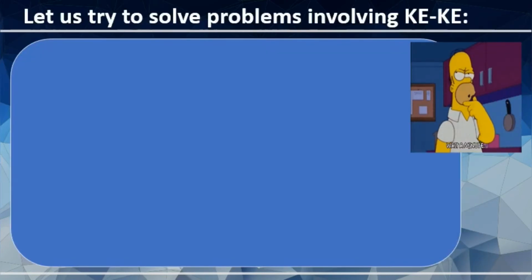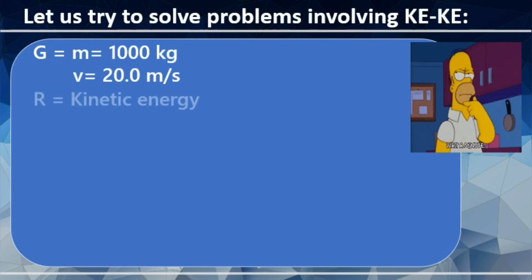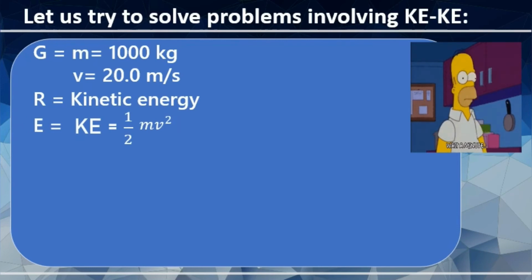Okay, let us try. For the given, we have mass equals 1,000 kilogram, and for the velocity, it is 20.0 meter per second. Required, of course, is we are finding for kinetic energy. Equation. Of course, our formula for getting kinetic energy is 1/2 mv squared.